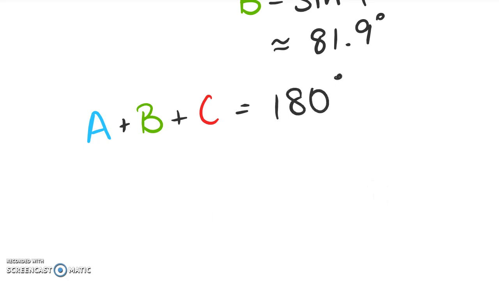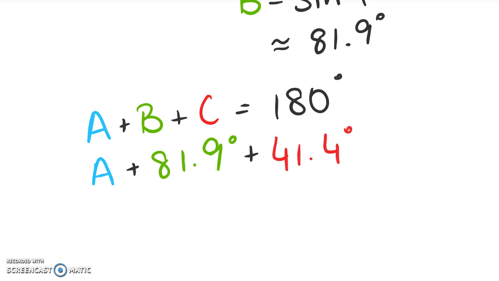We don't have angle A, so we've still got that on its own. A plus angle B we found was 81.9 degrees plus angle C, which we found was 41.4 degrees, equals 180 degrees.